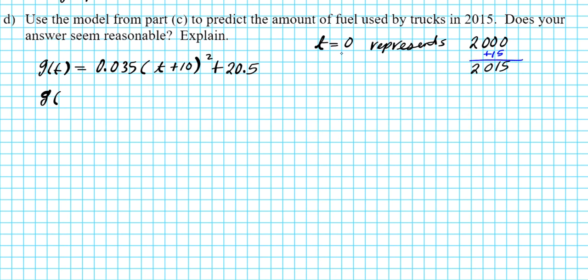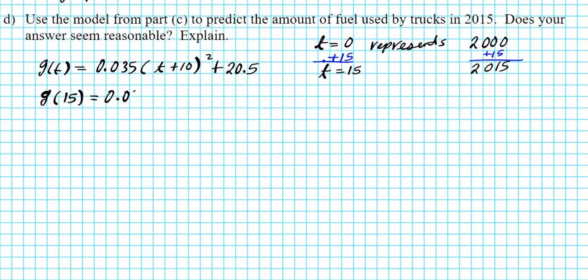So what are we going to do here? If t equals 0 is 2000, the time that represents 2015 is just 15 more than t equals 0. So it's going to be t equals 15. Okay, so we're going to be evaluating the function g at 15.